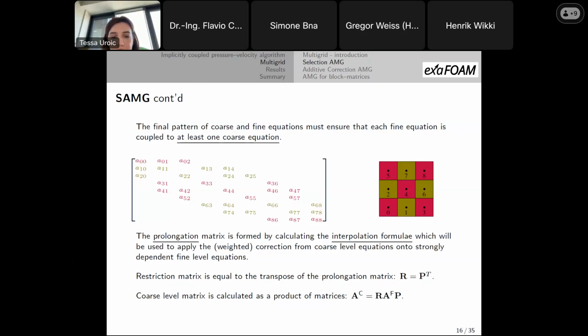So we are using linear interpolation, and this is how the prolongation matrix is formed. So we are calculating the interpolation formula between neighboring cells. The restriction is quite easy. It's equal to the transpose of the prolongation. And by the Galerkin projection principle, the coarse level matrix is calculated as a product of matrices, which makes this algorithm, again, quite demanding computationally, since you are doing a triple matrix product explicitly in the algorithm.